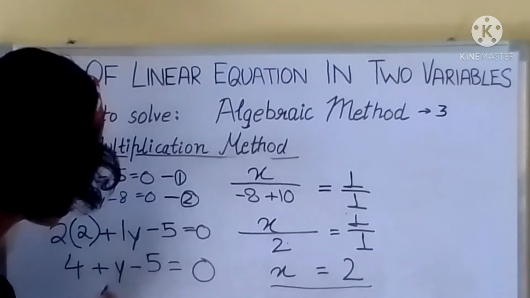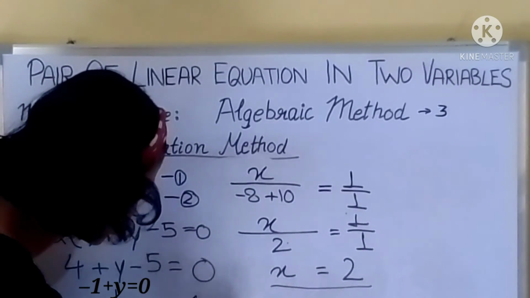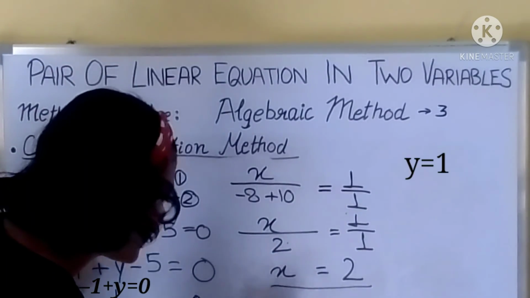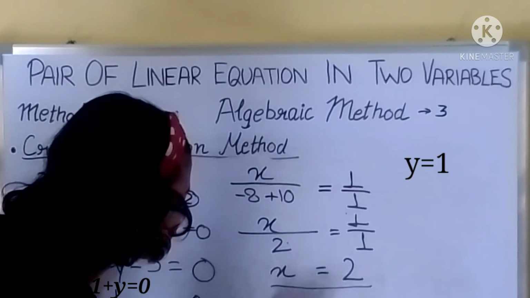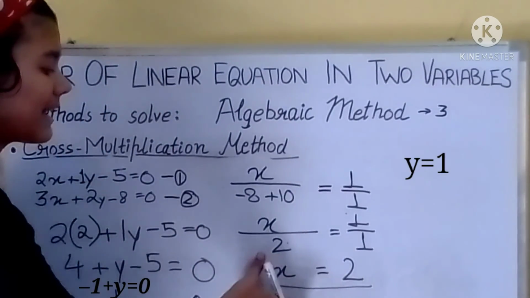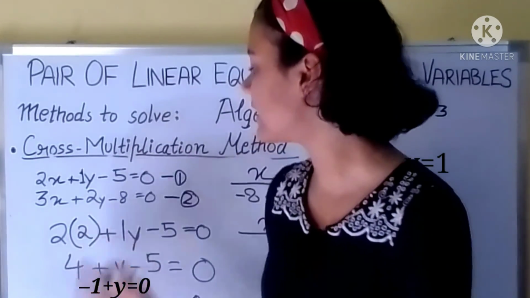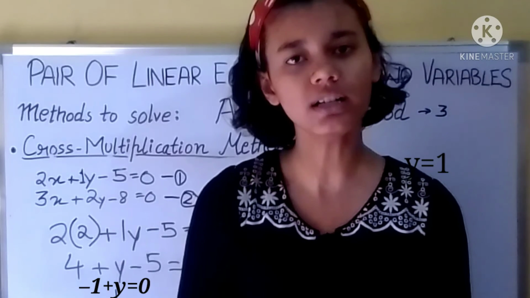Okay. So y minus 1 is equal to 0. Then y will remain here and 1 will go to that side. So we have got the value of y also and then x also. Now if we want to check, we can put them in any of the equations and we will get the answer.